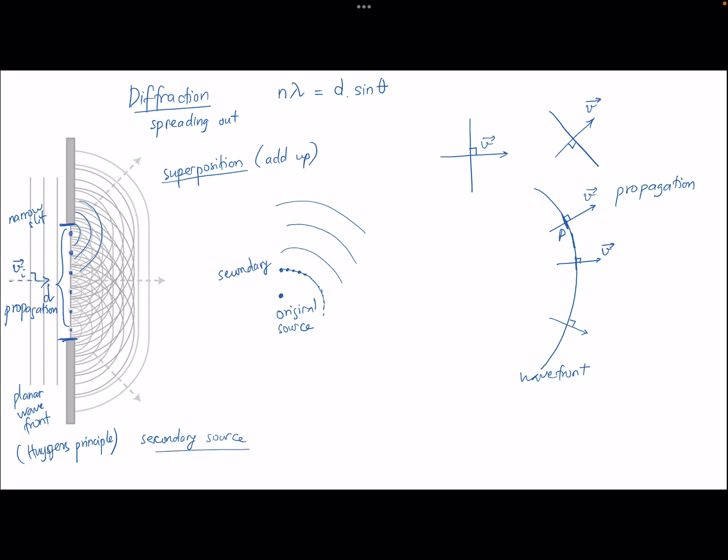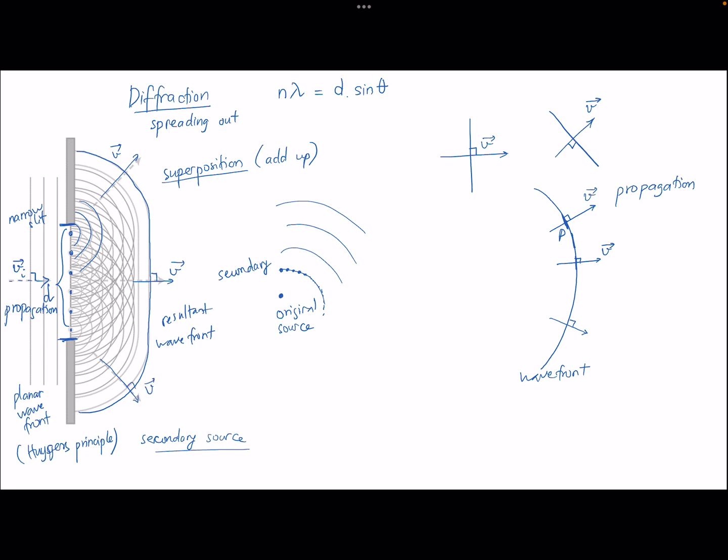We add up the waves together, then we get this boundary. Okay, this is the final result. This is the wavefront, right? The resultant wavefront. We can see it that way. And from this resultant wavefront, you can see that the wave in the end is spreading out, right?